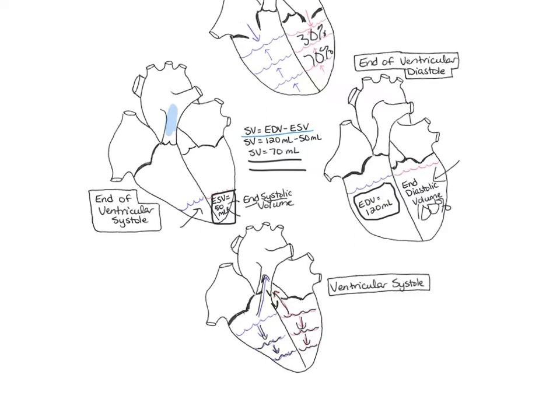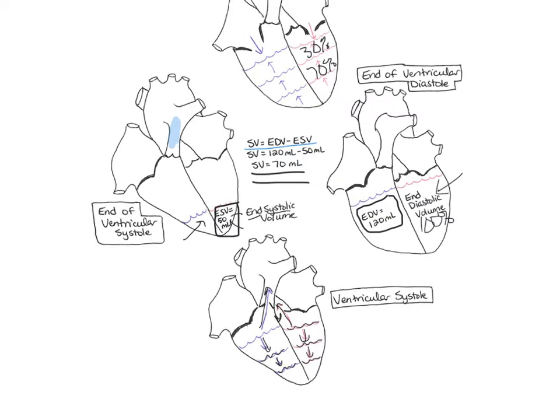Okay, and then we have the other value that we want to figure out, which is the ejection fraction. To find the ejection fraction, you're going to take the end systolic volume and divide it by the end diastolic volume. And that will give us the percentage of the blood that has gone out. So we know end systolic volume is 50 and end diastolic volume is 120.